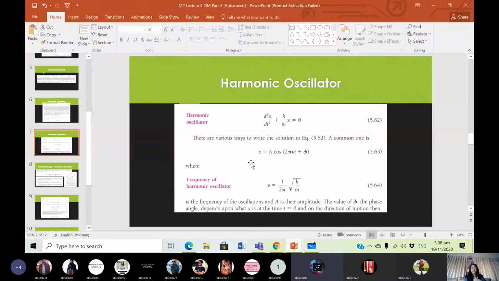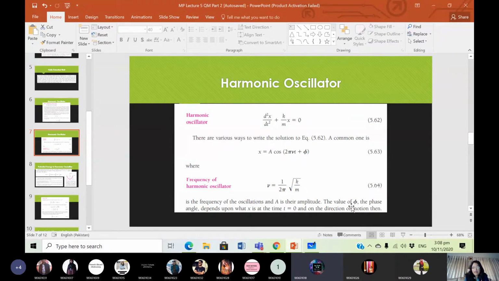So we write it in this form, and one of the solutions of this differential equation can be written as x equals A cos(2π f t + φ). And we already said before that solution waves can be written in this form, where A is the amplitude and we have cos(ωt + φ).